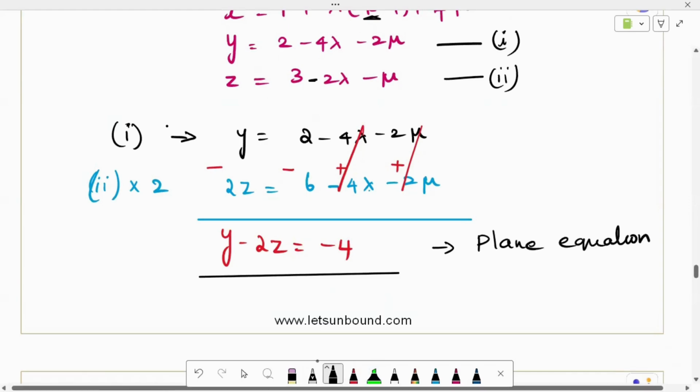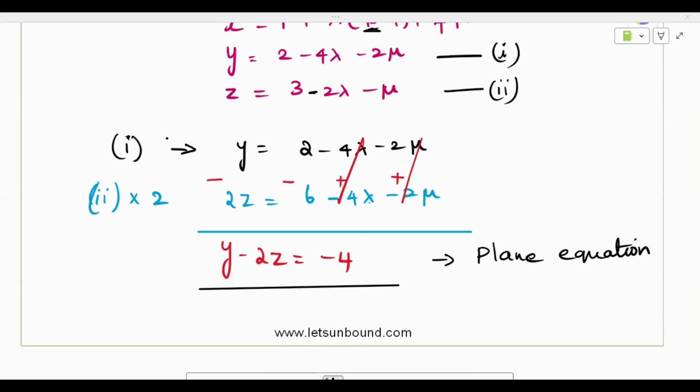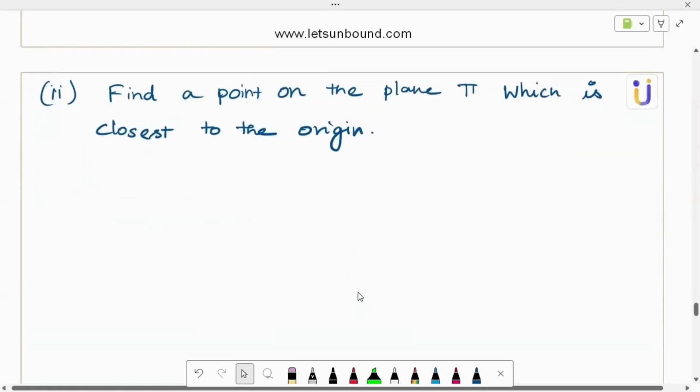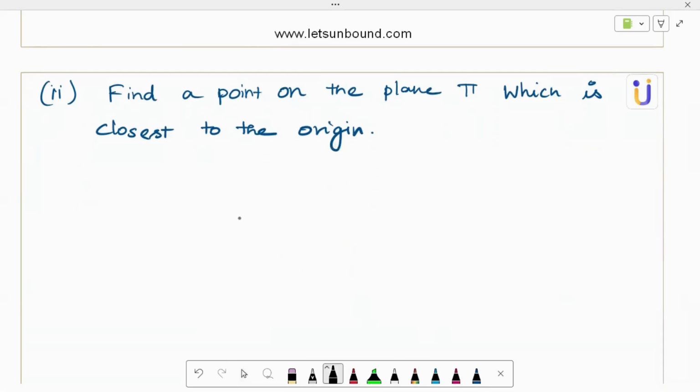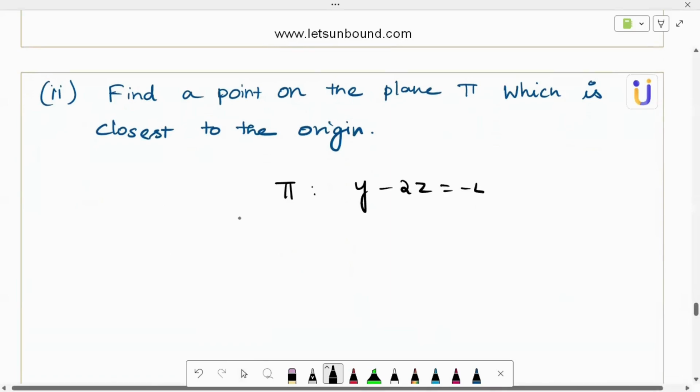That's the plane equation. So next part, the last part, carries 9 marks. Here we go. Find the point on the plane pi, and we know the plane equation now, which is closest to the origin. So what is pi? It is y minus 2z equals minus 4.